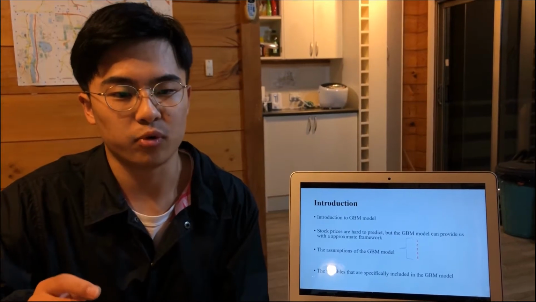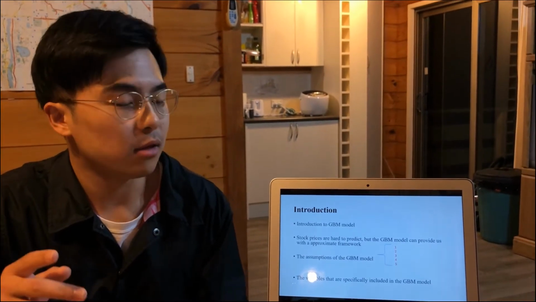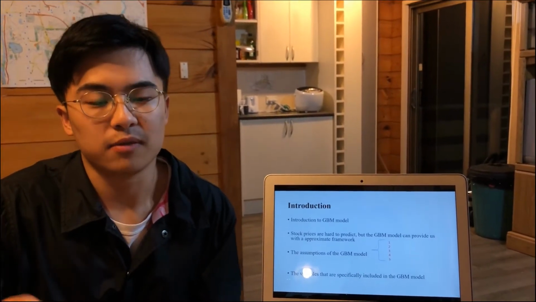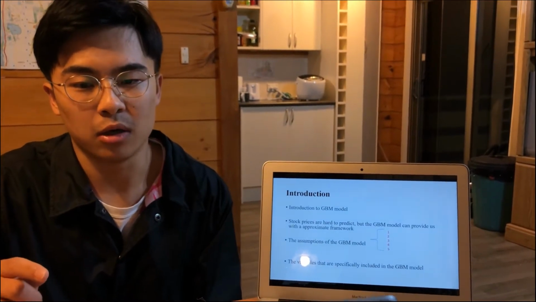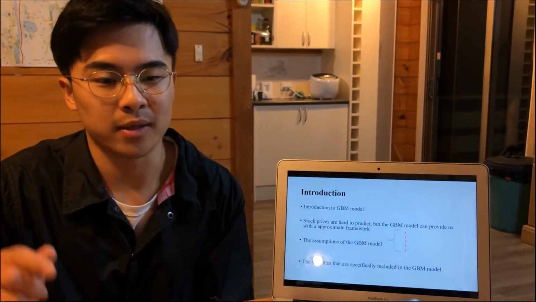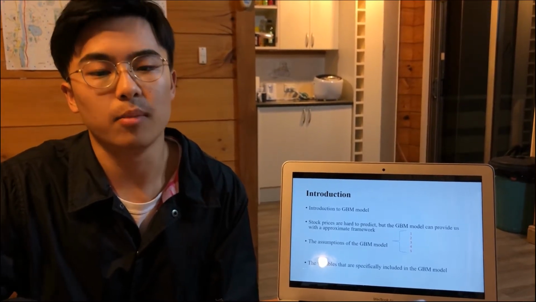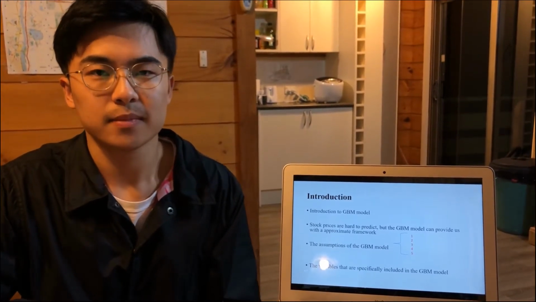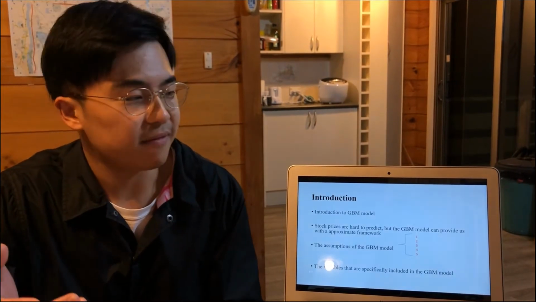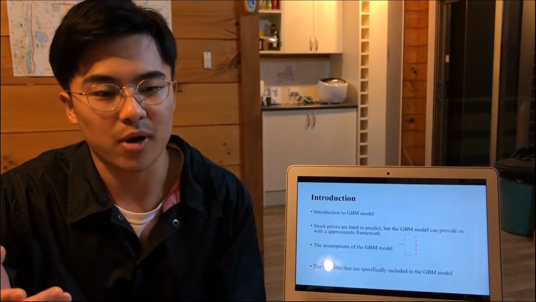And the third one is proportion return over a short period of time is normally distributed. The fourth one is prices of stock are log-normally distributed, and the last one is continuously compounded return for stock is normally distributed. And there are also 5 variables.